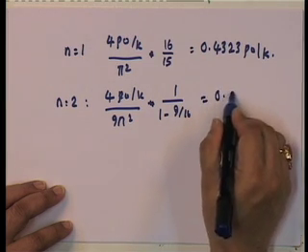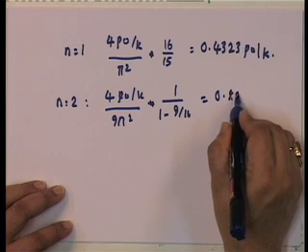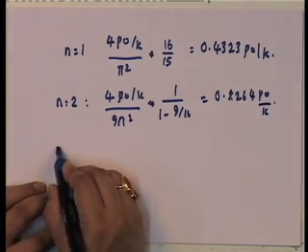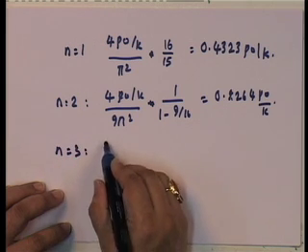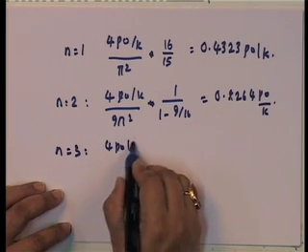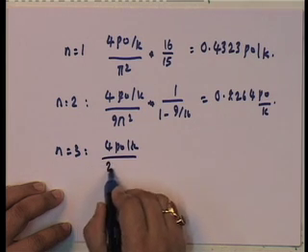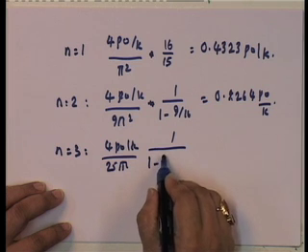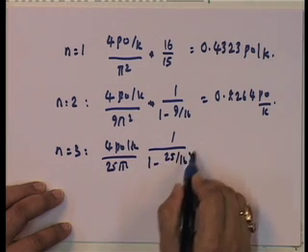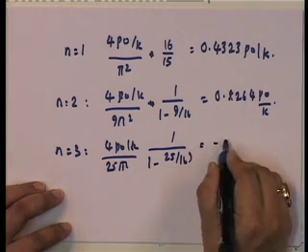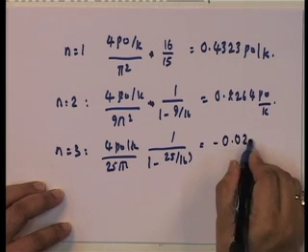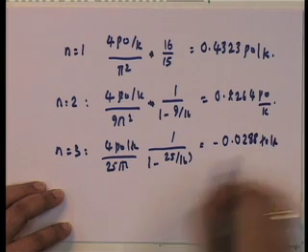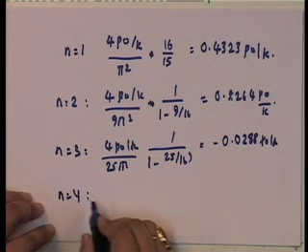So, this becomes 0.9264 p naught upon k. n equal to 3: 4 p naught upon k upon 25 pi squared, 1 minus 25 upon 16. So, this becomes minus 0.0228 p naught upon k.